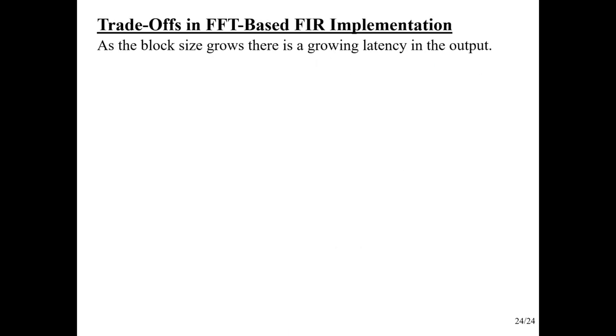Okay, so why can't we just use this? Well, there is a latency, right? We can't get any output out until one whole input block comes in. And like I said, those input blocks might be a quarter of a second, a tenth of a second.